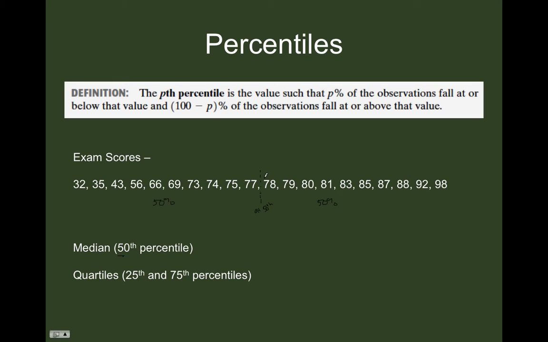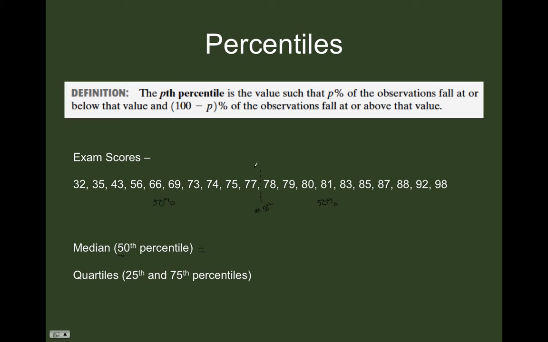That's always going to happen when there are an even number of data values. If there were 10, there would be 5 on one side, 5 on the other. With 20, there's 10 on one side, 10 on the other. Anytime we have an even sample size, there's going to be no number here. But that's okay, because what we do is call the median the average of the middle two.